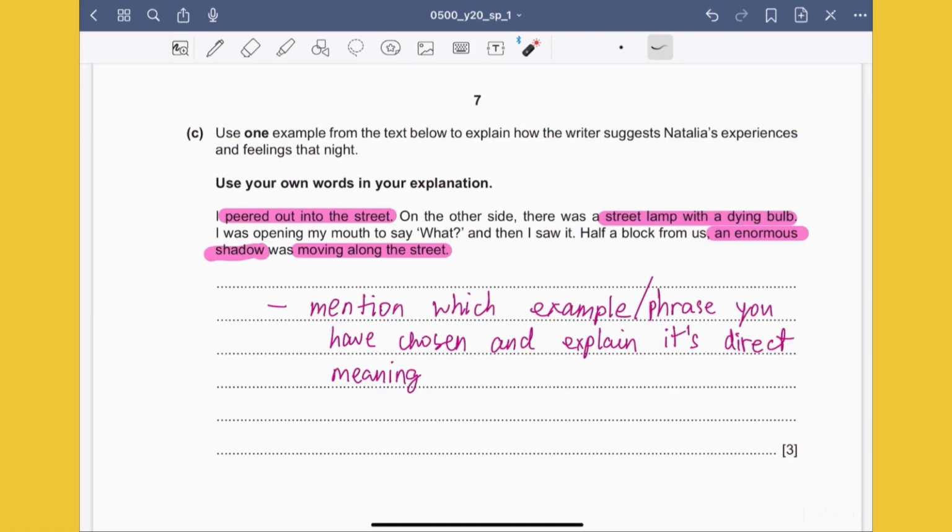You could start by saying, the writer suggests Natalia's experience, or rather feelings that night, with the phrase an enormous shadow, which suggests that she saw a huge or humongous body of mass. And then you give the indirect meaning, like what is he suggesting, what is the suggestion.